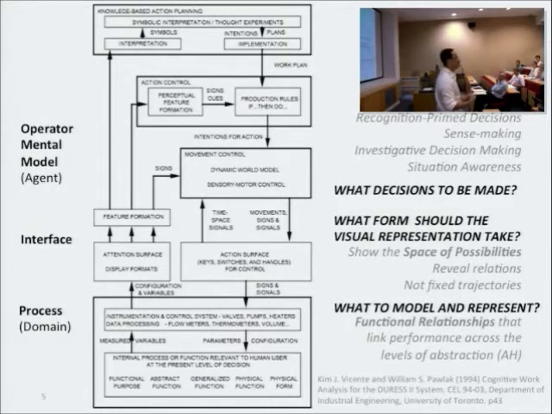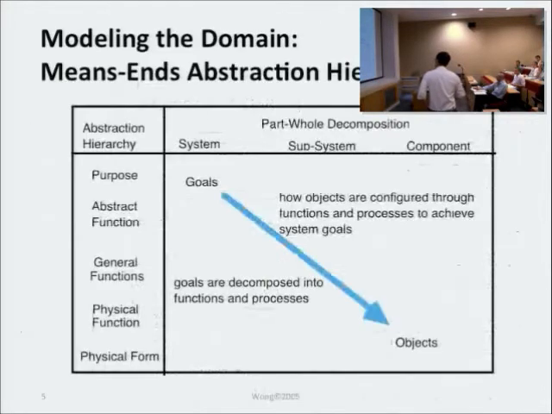I'm trying to know what information I need to pull out from different spaces. Or in some cases, I just want to be aware of what is going on in my processes and my system and in my surrounding environment, so that I can find ways in which to connect them. And we will come to this in a short while.